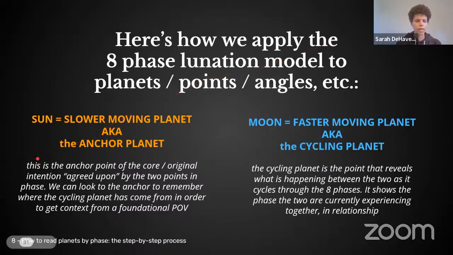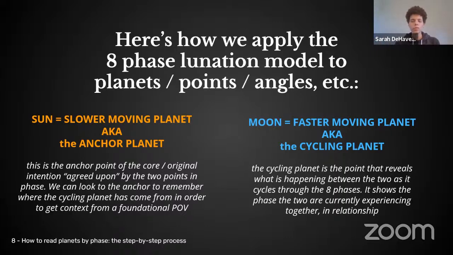Sun, slower moving planet. This is the anchor point of the core or original intention, quote unquote, agreed upon by the two points in phase. We can look at the anchor to remember where the cycling planet has come from in order to get context from a foundational point of view. So say you're looking at Mercury and ascendant, and Mercury would be the slower moving planet there, but you're trying to figure out ascendant Mercury, gibbous phase, like what's going on there.